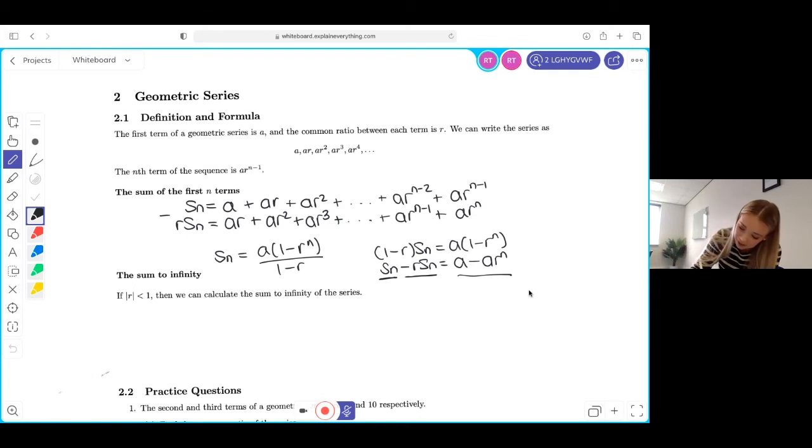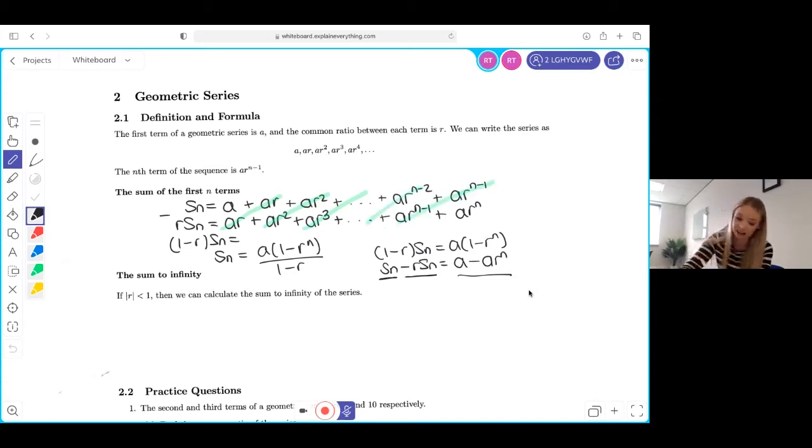So if I do Sn minus r Sn, I'll factorise that out already. A lot of these terms will cancel, so my ars should go there. These will match up, so I'll get rid of those two terms, those two ar cubeds will go, and so on.